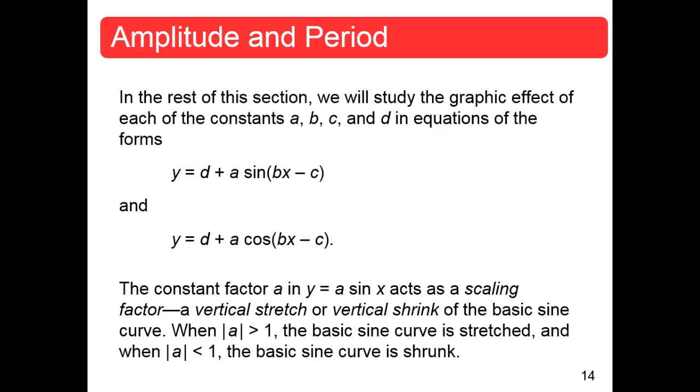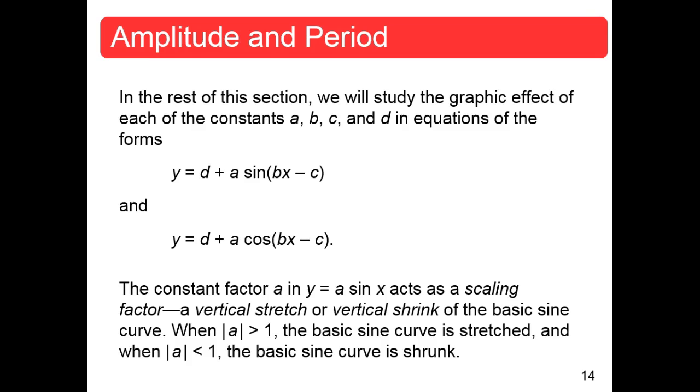Okay. So the constant factor A in y is equal to A sine x, just like the one we did, where that A was 2, acts as a scaling factor or a vertical stretch or a vertical shrink. If that A was 0.3, then that would be a shrink. If it was 7, that would be a stretch, okay, of the basic sine curve.